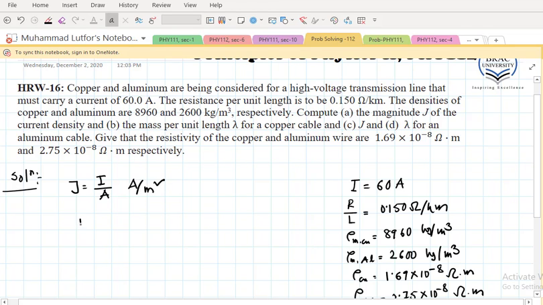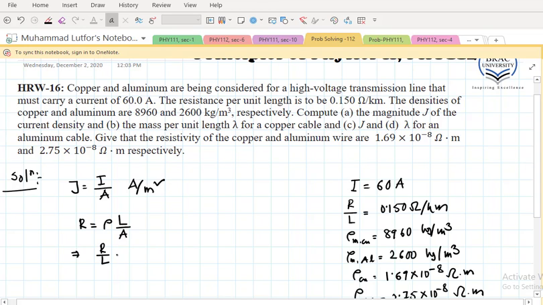We know that the resistance of a wire is equal to rho, the resistivity, times length divided by area, right? We can rearrange this equation in a form like that.